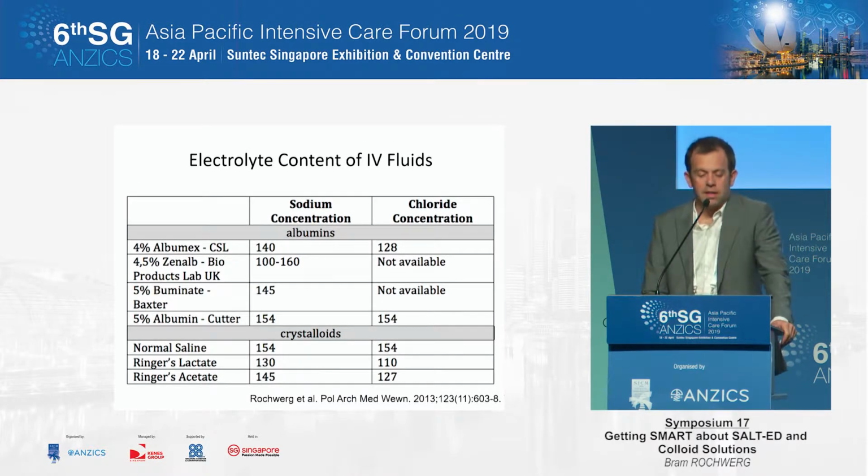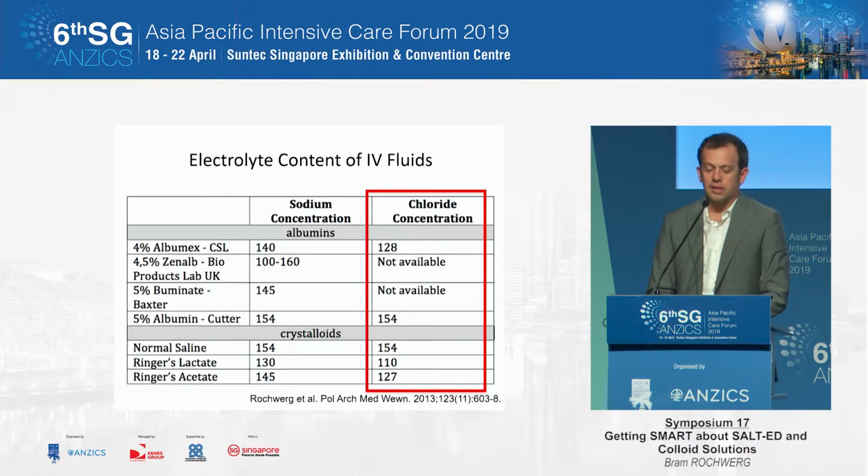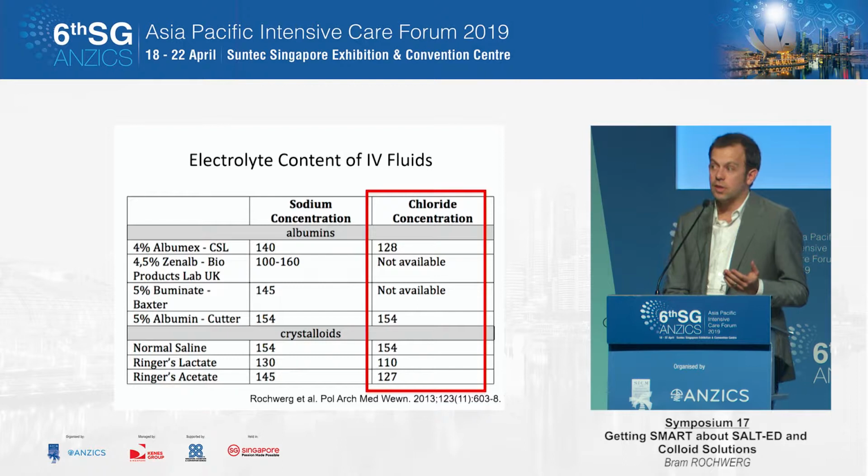This is work that I did as part of my thesis for my degree in health research methodology, and we looked back on all the randomized controlled trials that have looked at administering different intravenous fluids in the setting of sepsis. And unsurprisingly, we know that there's varying concentrations of chloride amongst the crystalloids. Surprising to us in doing this work is that there's different formulations of albumin and different chloride concentrations in different albumins.